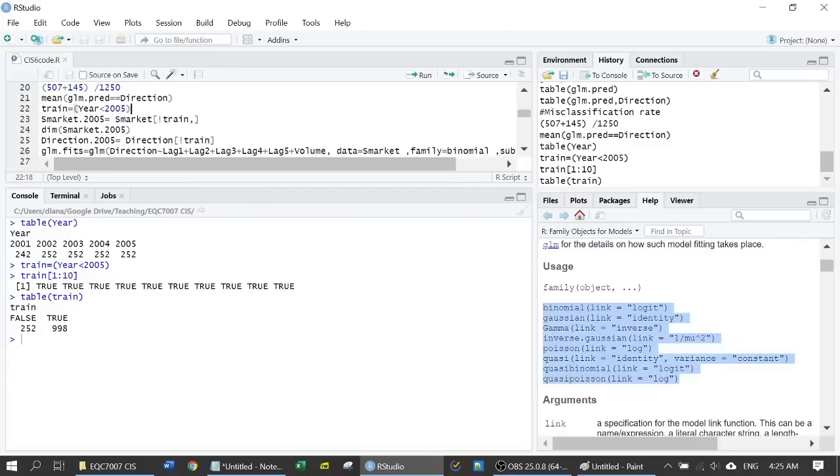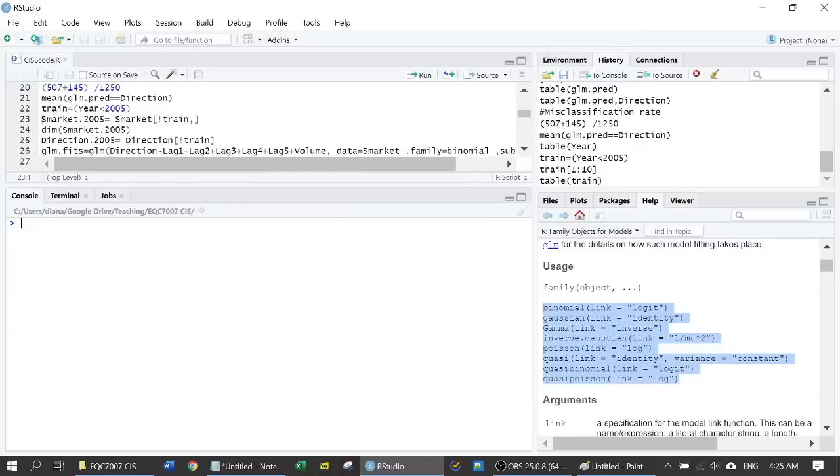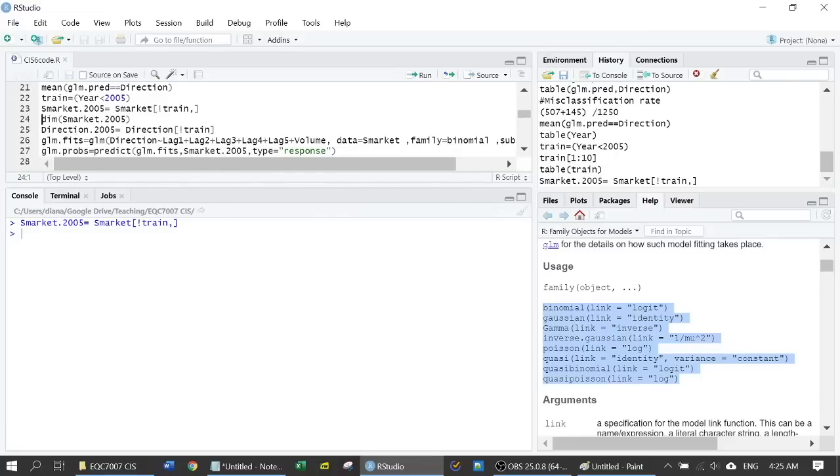So next, I'm going to delete this. SMarket.2005 is a new data set. It is a copy of the original data set where train is not true. So if train is false, then the observation is going to be copied into SMarket.2005.